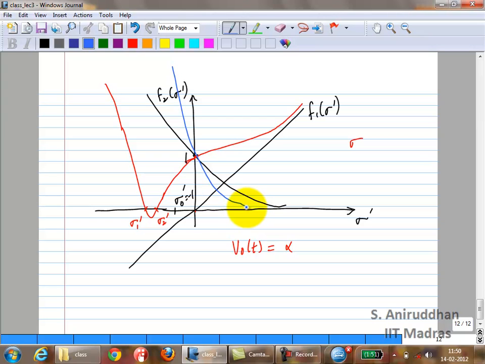It's going to be rising very fast for t less than 0 and decay very fast. If you plot the sum of the two, what is the sum going to look like? Remember, it always has to pass through this point.